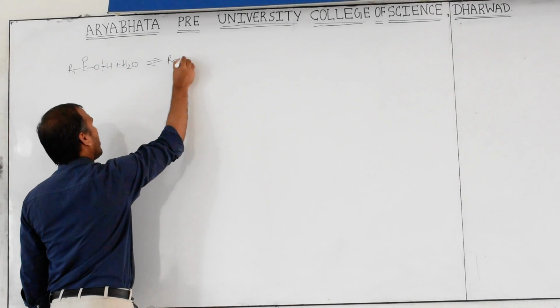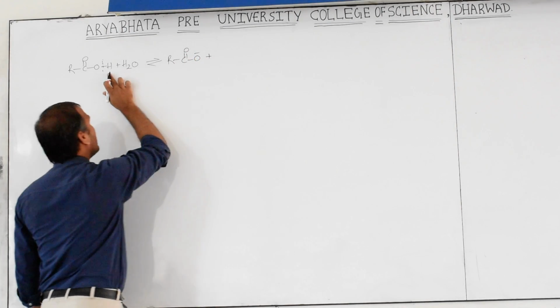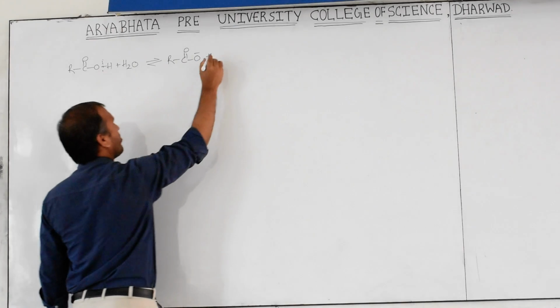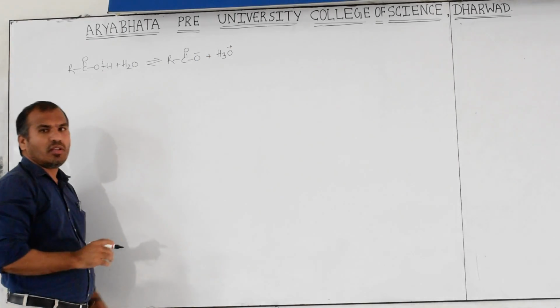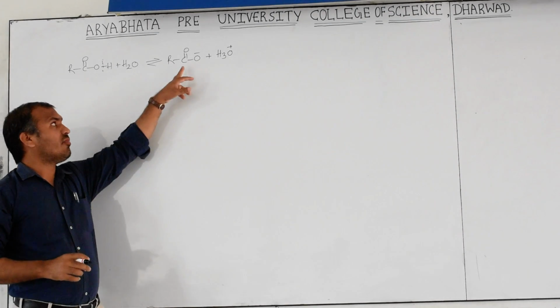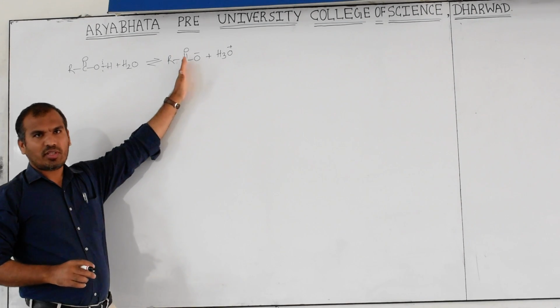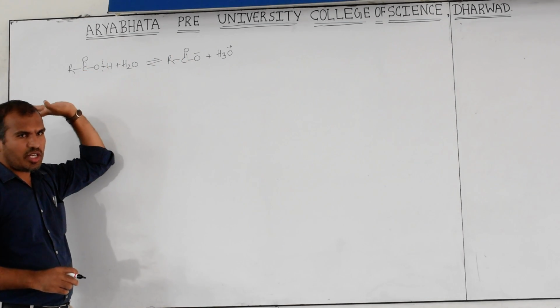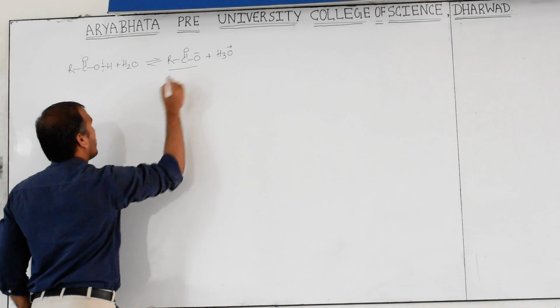Then we will get RC double bond O minus, plus this H and this H2O combine to form H3O plus. The acidic nature of carboxylic acid is decided based on whether the formed anion is stable. If it is more stable, this acid is more acidic. So that is what I discussed in the last class.